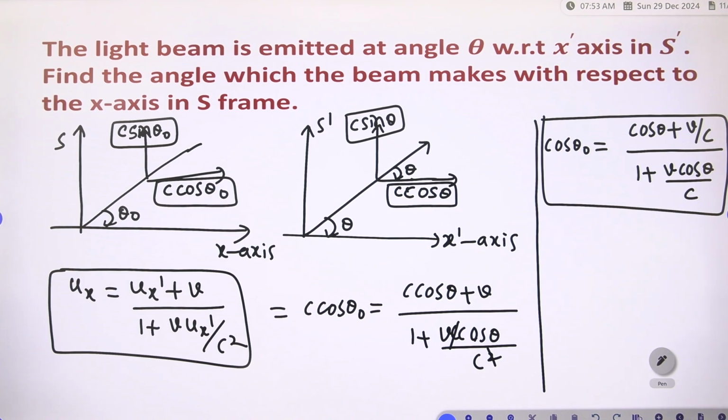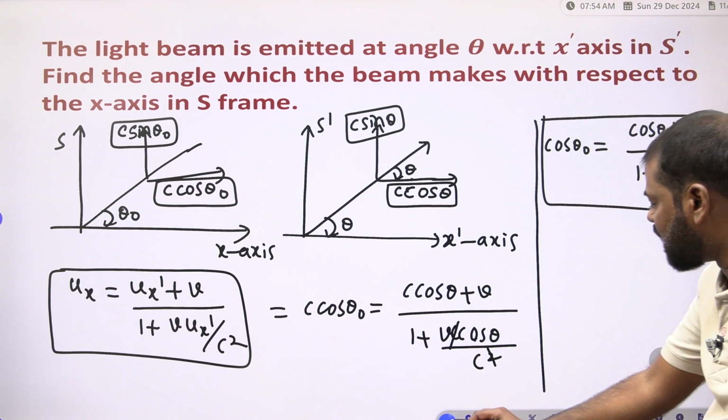So, cos theta naught is equal to cos theta plus v by c divided by 1 plus v cos theta divided by c. Similarly, we have to consider u y dash.